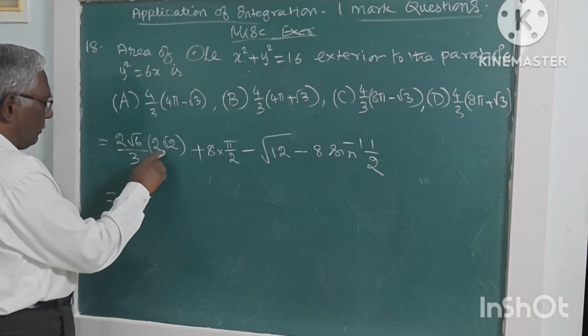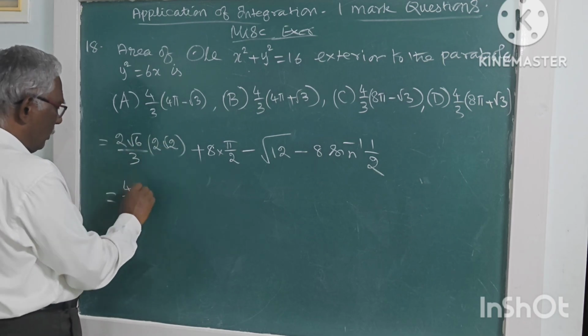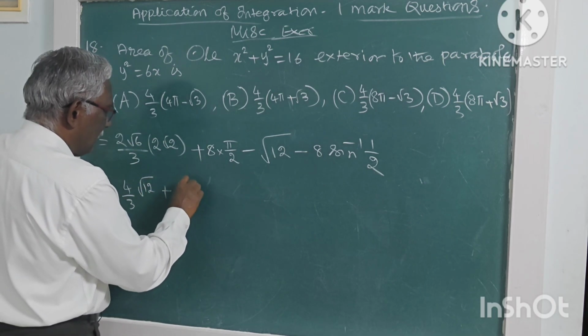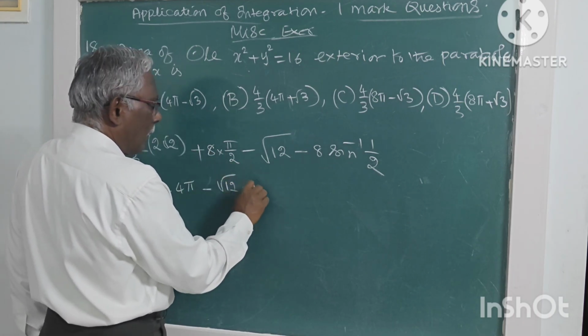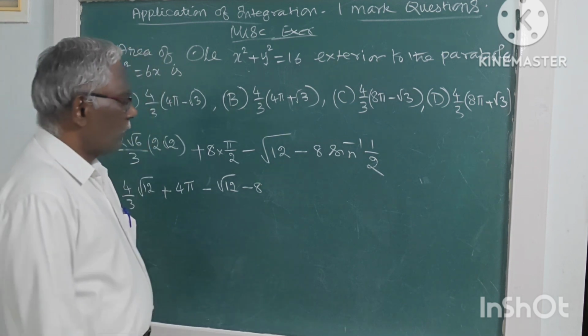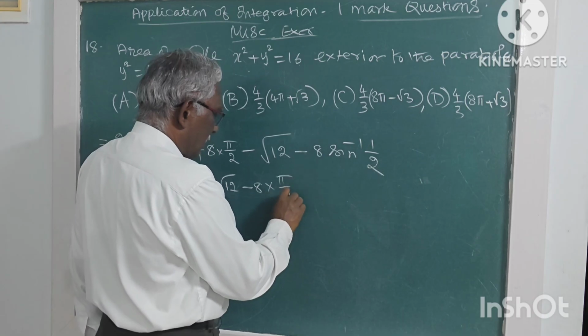So 2 into 2 root 2 gives 4 by 3 root 12, plus 4 pi, minus root 12 minus 8 times sin inverse half. Sin 30 is equal to half, so sin inverse half is pi by 6.